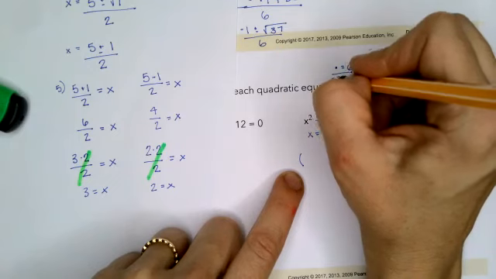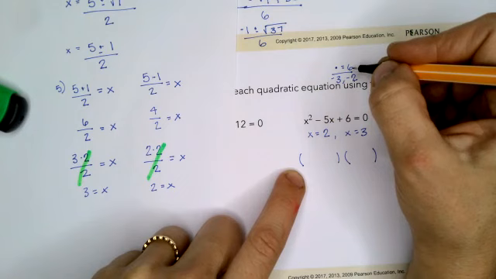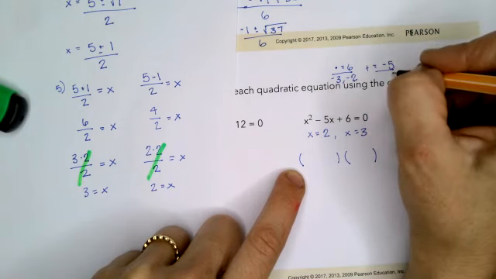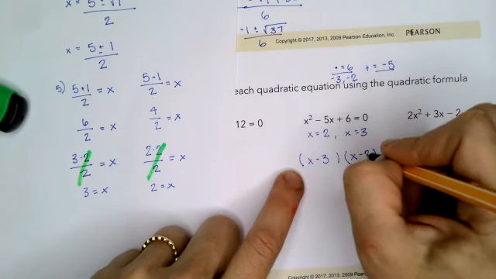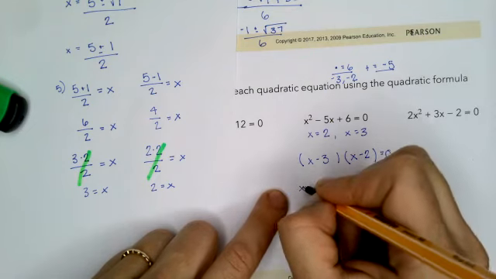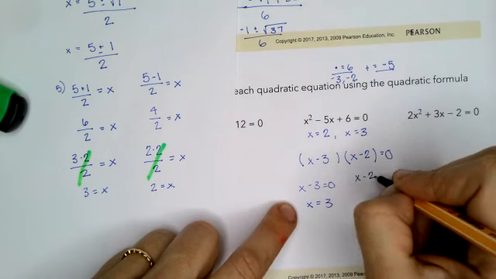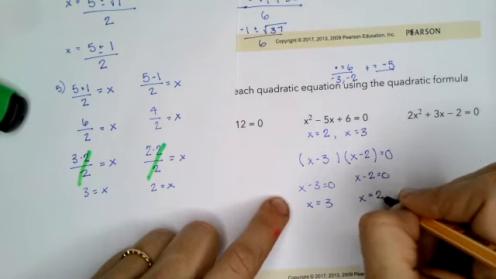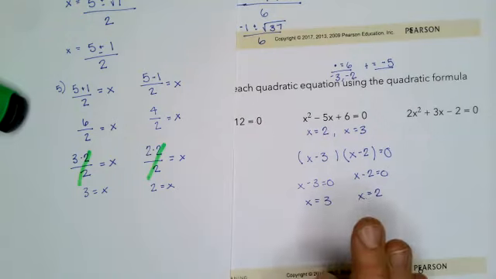I would get a -3 and a -2, right? They multiply to equal a +6 and they add to equal a -5. X minus 3, X minus 2. If I factored it, set them both equal to 0. X minus 3 is 0, X is 3, X minus 2 is 0, X is 2. So this is exactly the same answer you're going to get if you had factored instead of using the quadratic formula. Just a different way to find the same x's.